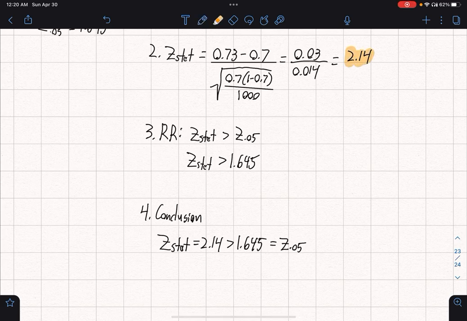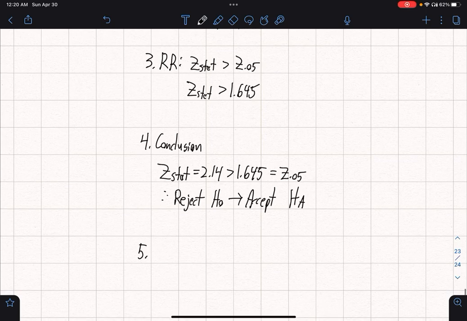I just plugged 2.14 in because that's our z-stat. 2.14 is indeed bigger than 1.645, therefore it's in our rejection region. And if it's in our rejection region, that means our conclusion is reject H naught, accept HA.